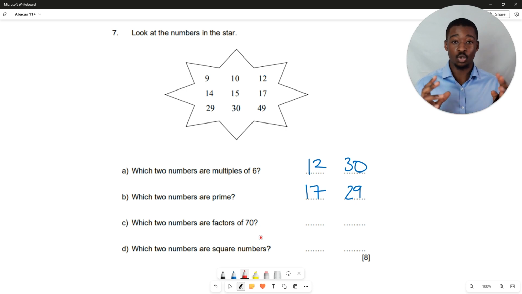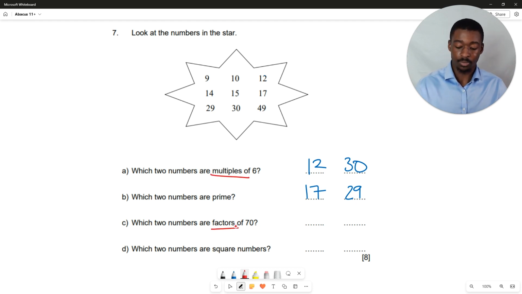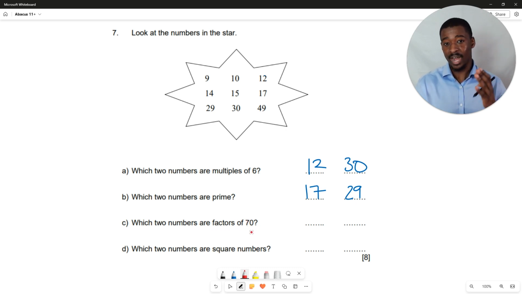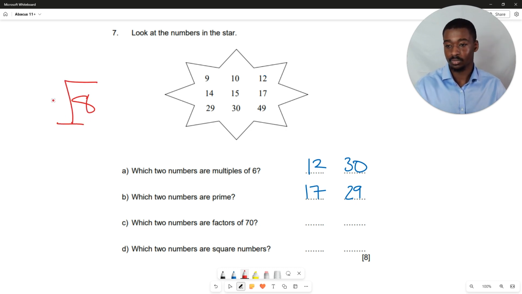So now let's move into part C, and now we have which two numbers are factors of 70. So we've already gone through multiples, but what do we mean by factors? Well, a number will be a factor of 70 if 70 can be divided by that number and it leaves no remainders, right? So if we have 8, for example, and we divide 8 by 4, then since 4 times 2 is 8, we have a clean number.